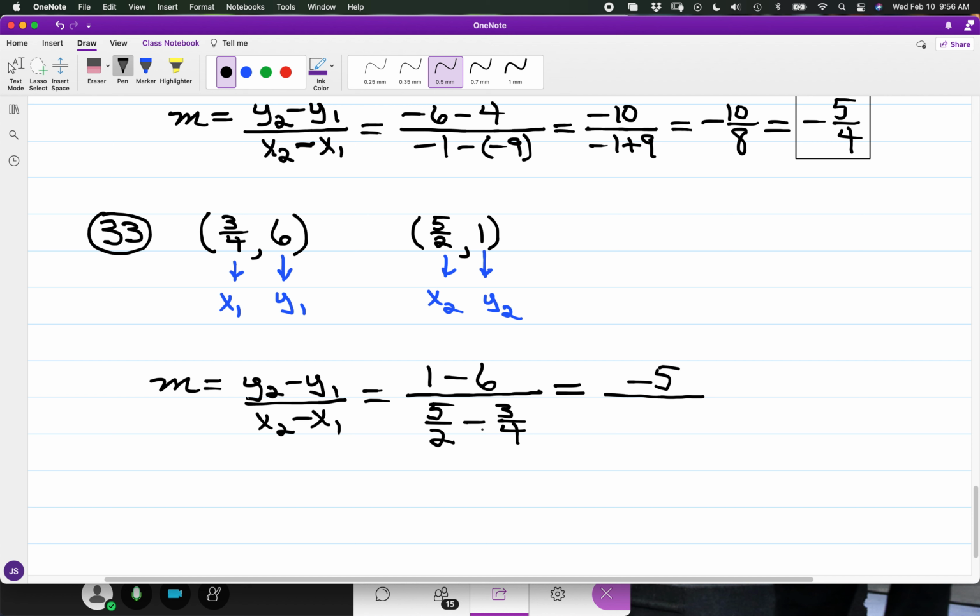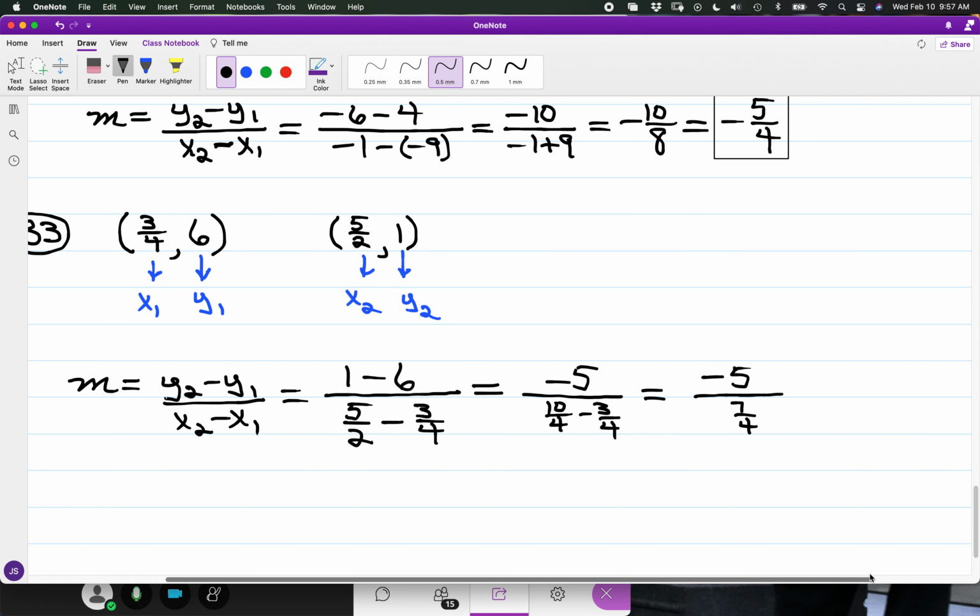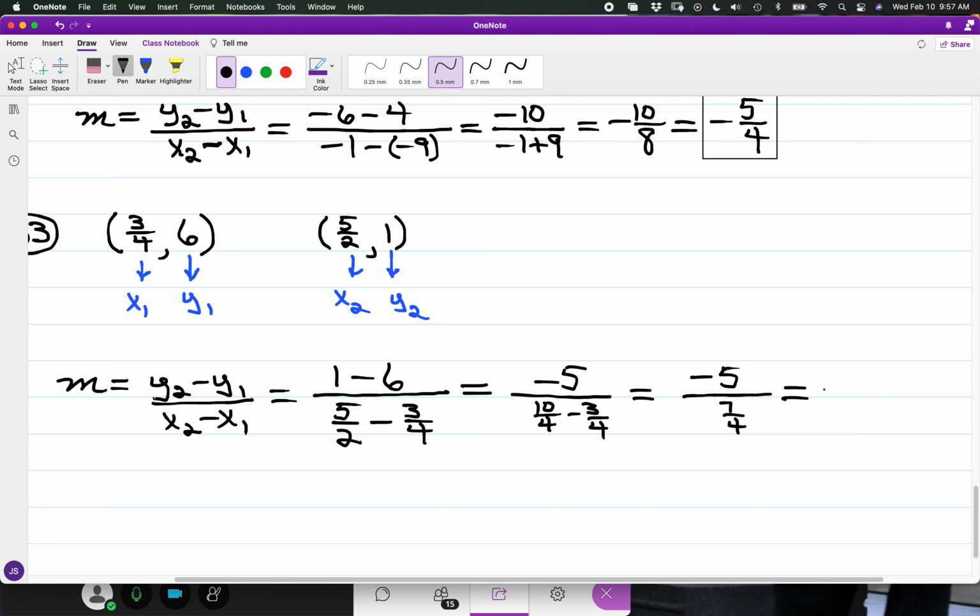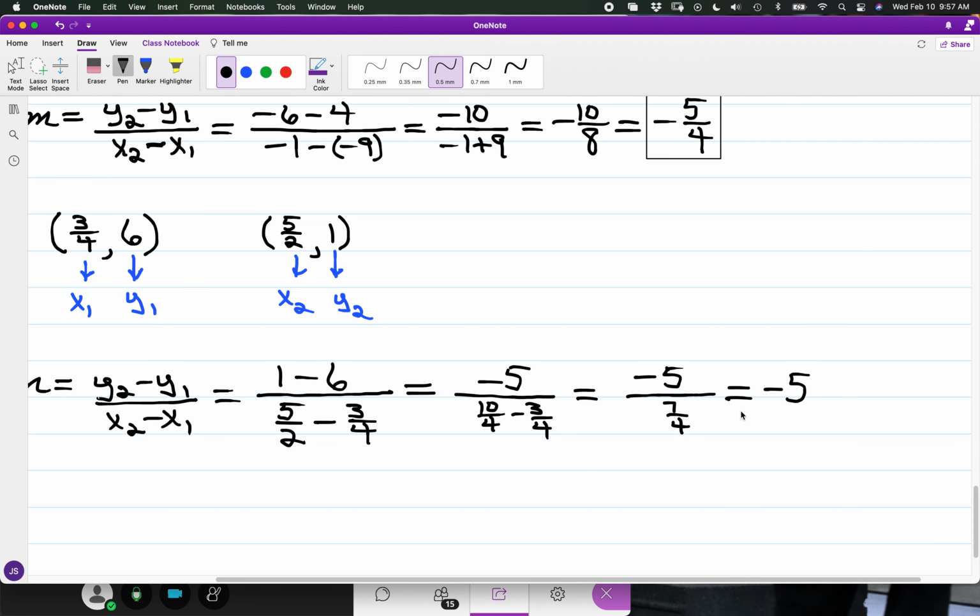Now for 5/2 minus 3/4, to be able to combine these two terms, I can rewrite 5/2 in terms of fourths. Again, 5/2 will be 10/4. And again, in the numerator we have -5. 10/4 minus 3/4 becomes 7/4. And to get out of the complex fraction notation, if I divide by a fraction, it'll be the same as multiplying by the fraction's reciprocal.